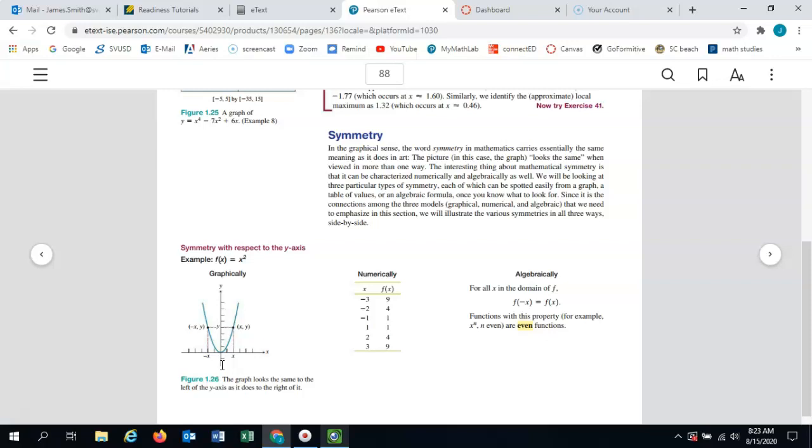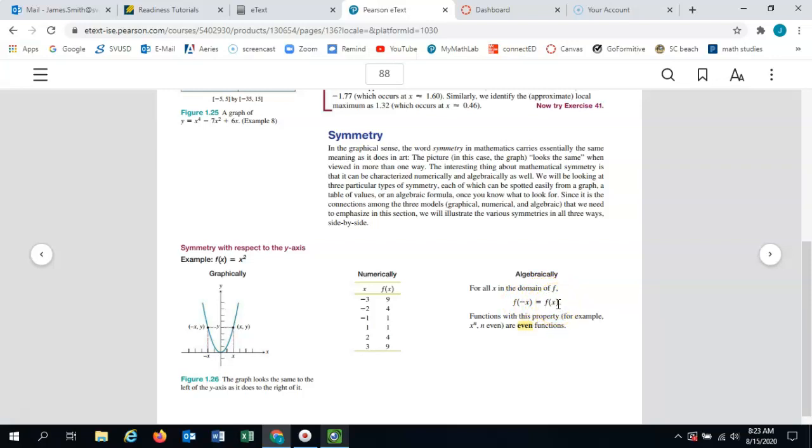So that's sort of the idea for how to look at an even function graphically, but we're also not always going to be looking at a graph. We need to know how to do this algebraically. And so the idea is, if I were to have a function laid out in terms of y and x like this one is, it would be even if I can replace all of my x's with negative x and come out with the exact same function, right?